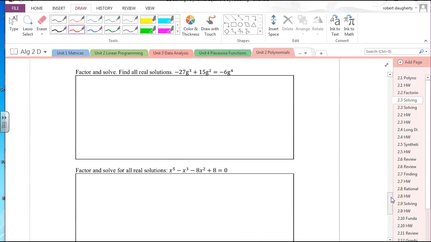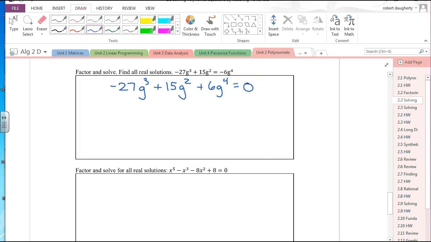So if I look at this one, again, my strategy is to get all the terms on one side. So let's just say negative 27g cubed plus 15g squared plus 6g to the 4th equals 0.